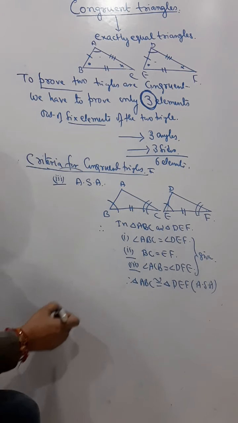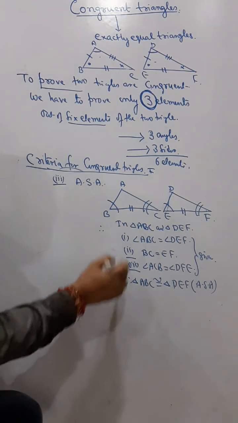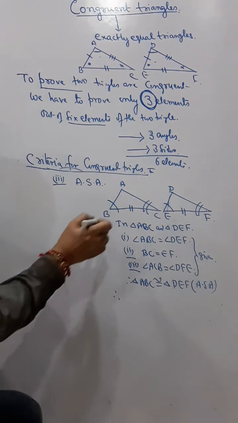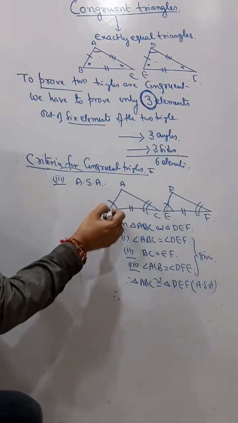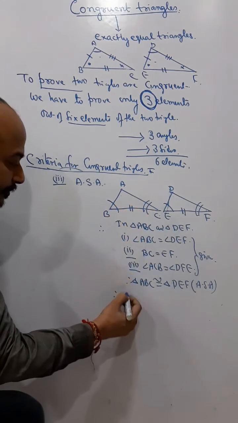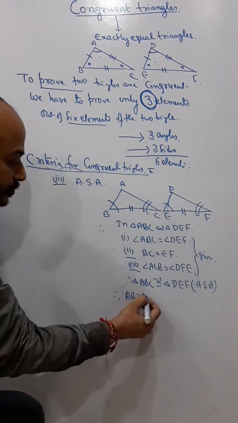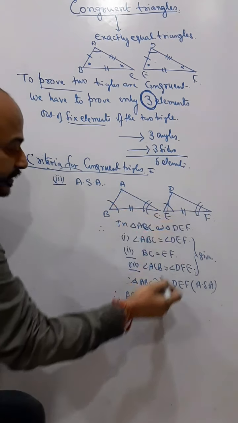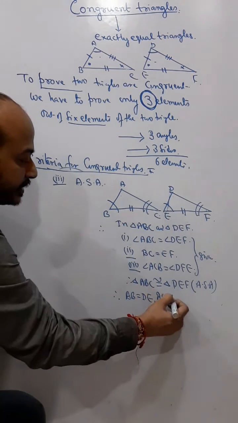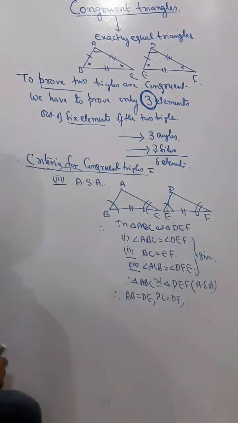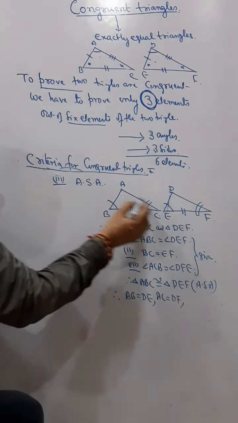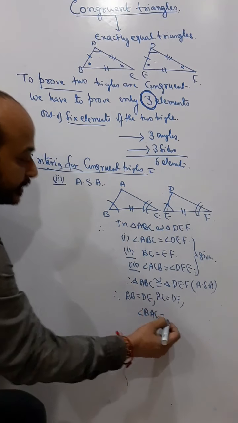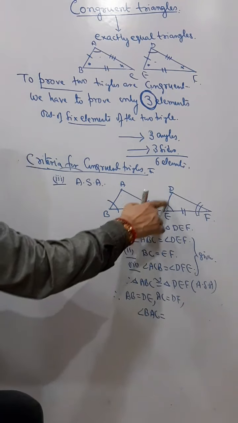Okay, and here also we can say that the other three parts are equal. So what are the left parts? Now we can say that AB equals DE, AC equals DF, and we can also say angle BAC is equal to angle EDF.